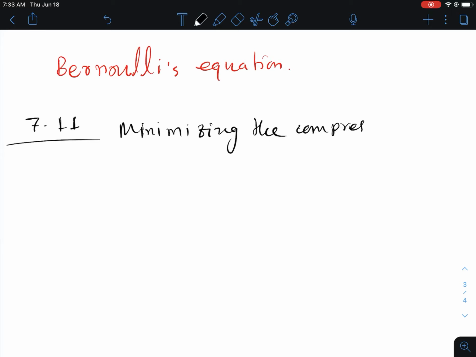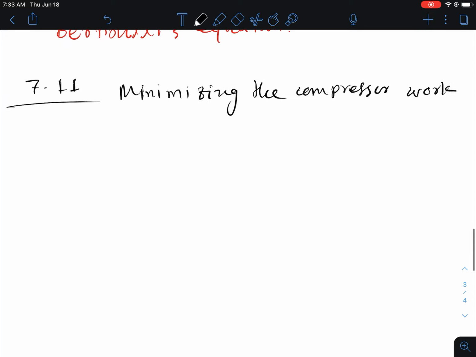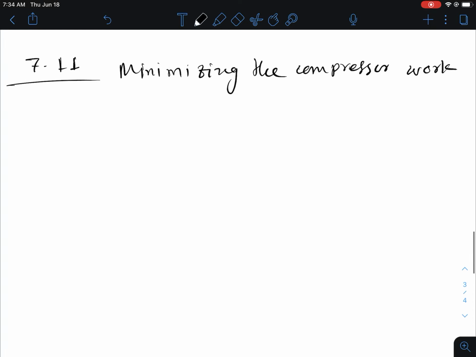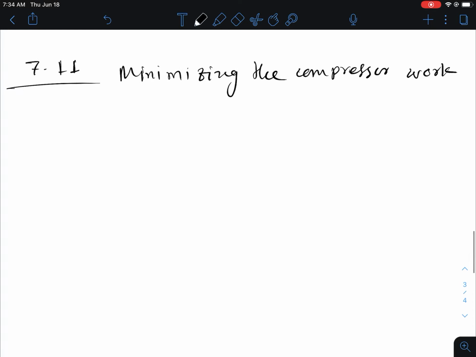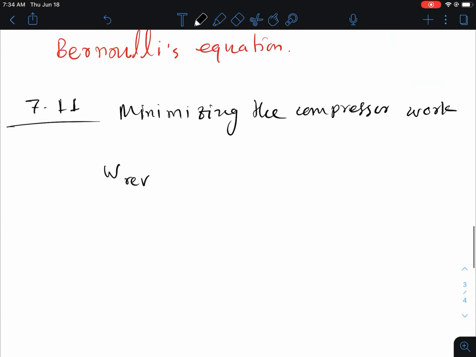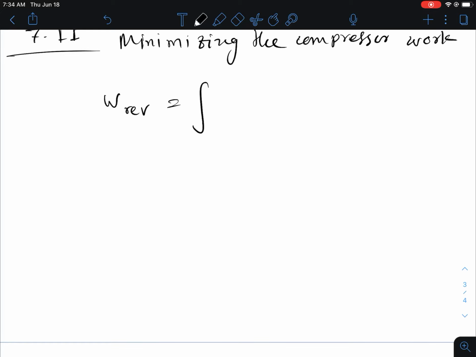We just derived that if the compressor is in steady flow and the process is internally reversible, then the reversible work of that system equals the integral from 1 to 2 of v dp. We just found this equation and it was 7.56.